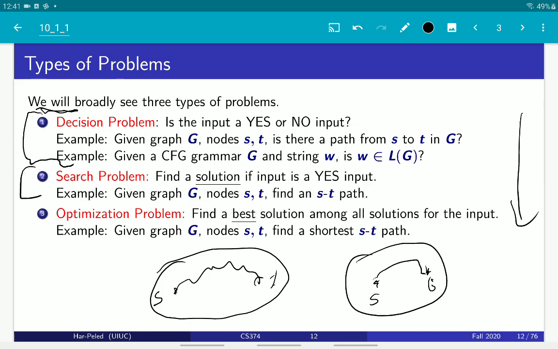Now, the reason why we think about them as equivalent is because computationally they tend to be almost equivalent. By almost equivalent, I mean that if you can solve one, you can usually solve the other, maybe with a small slowdown of a logarithmic factor in the running time, but a very small slowdown. So if you can solve the decision problem, you can usually solve the optimization problem.